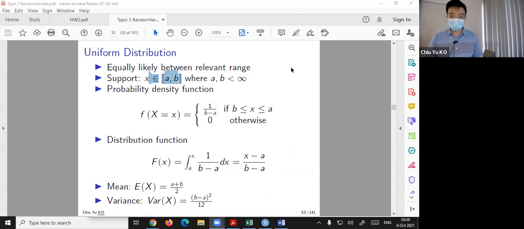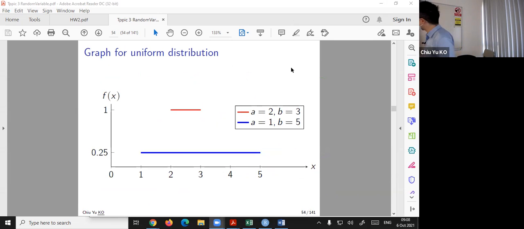So let's quickly go to the other one. Okay. So this is the f of x, okay? If you talk about uniform from 1 to 5, the area below is 1, right? If you talk about just between 2 and 3, the whole area is 1. Okay? So this is the f of x, okay?